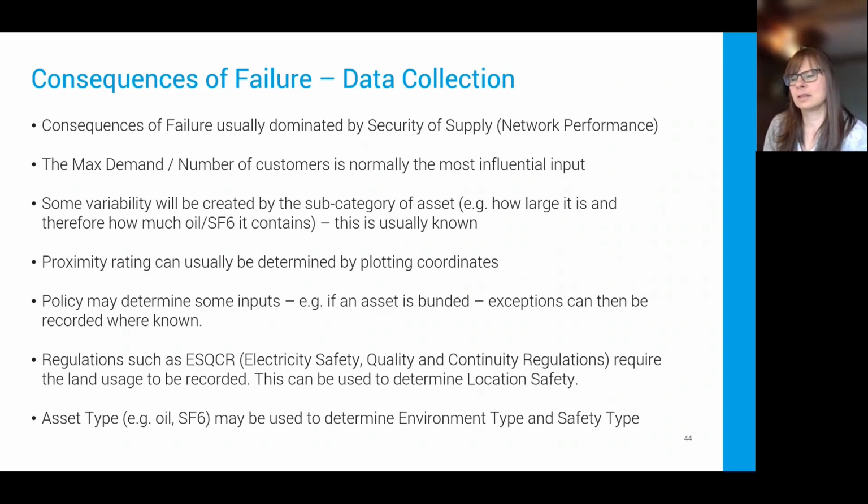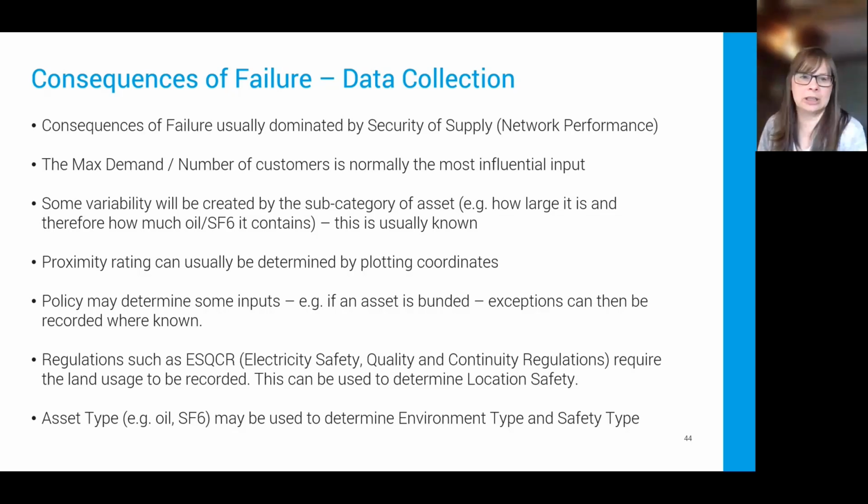And then there's other things which are usually easy to get hold of. So proximity rating, again, you can plot the coordinates and see how far from watercourses you are. That doesn't require specific information to be collected. There might be some policy information. So if you know that all your assets are bunded, unless you know that they're not, you can populate by exception there.